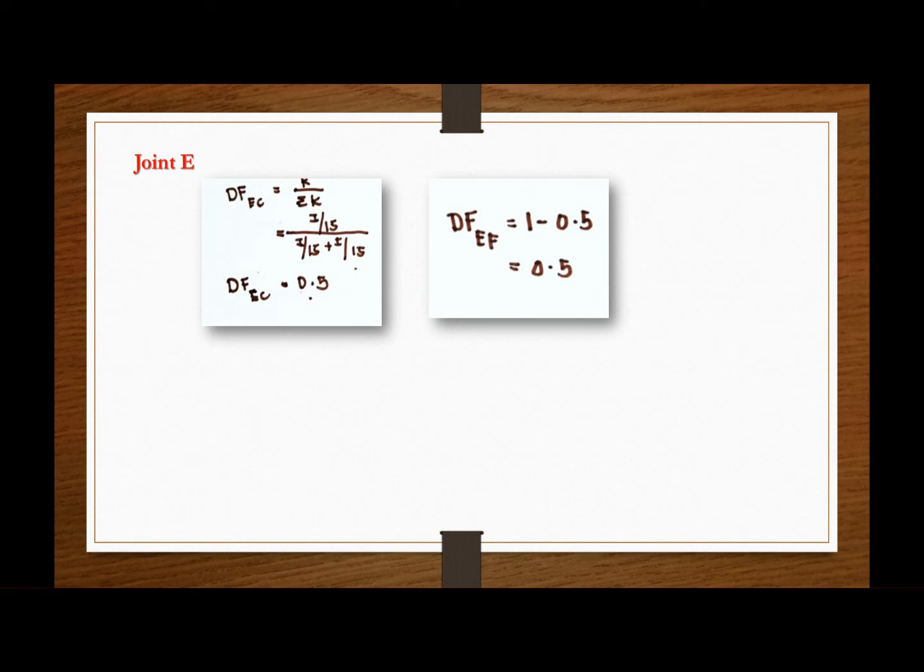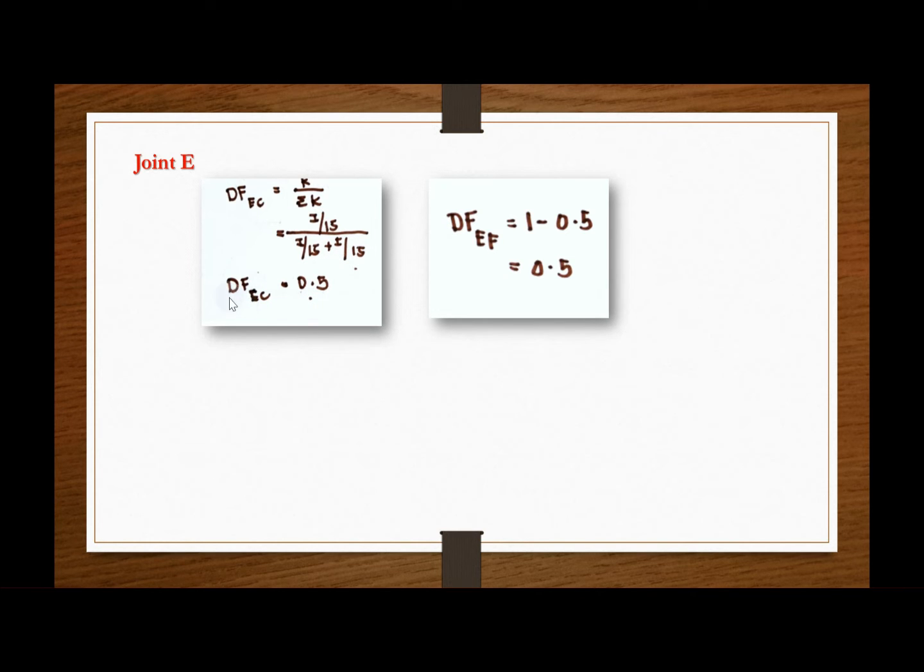Joint E has only two members, which are EC and EF. The distribution factor of EC is equal to stiffness over summation of stiffness, which is inertia over 15 divided by the summation of just two terms, I over 15 plus I over 15, equal to 0.5.